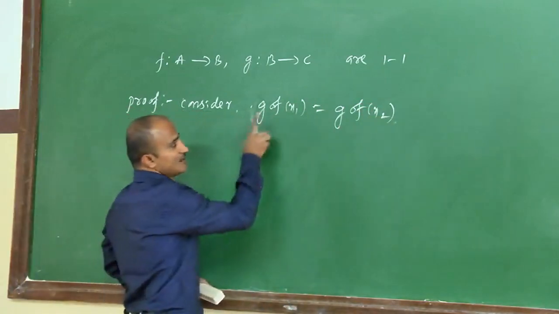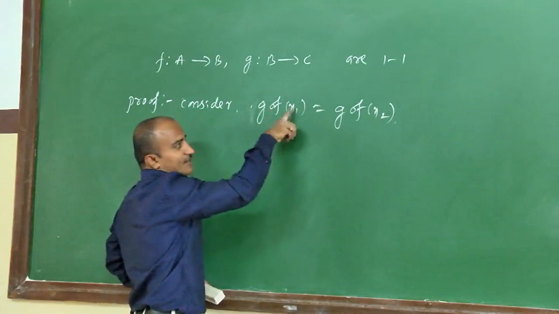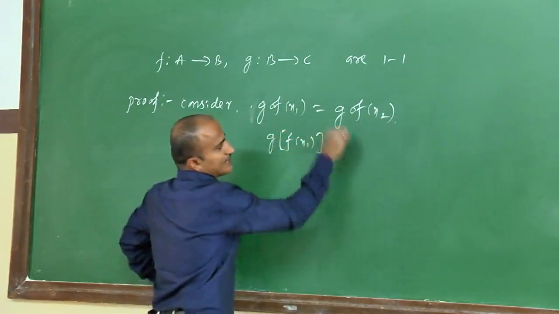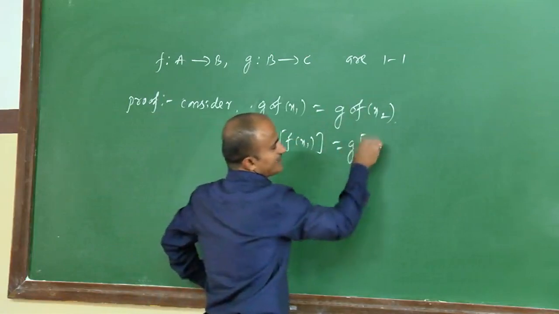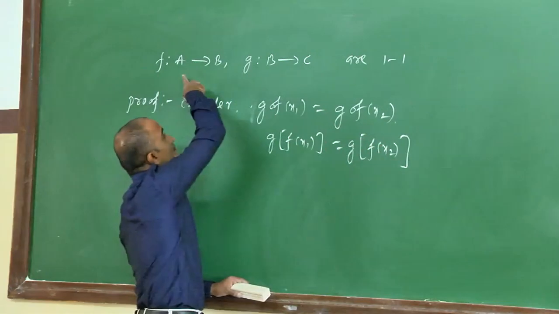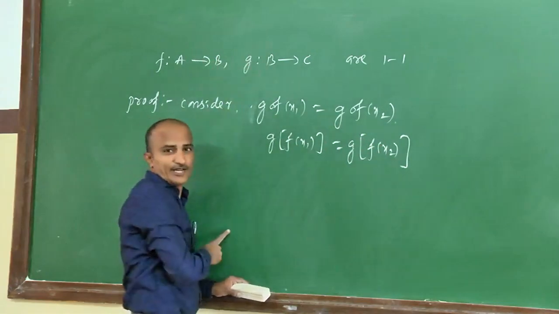By the definition, gof of x1 is given by g of f of x1, and gof of x2 is given by g of f of x2, where both f and g are 1 to 1.